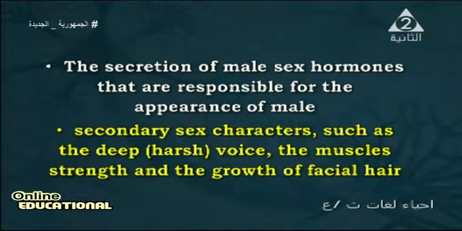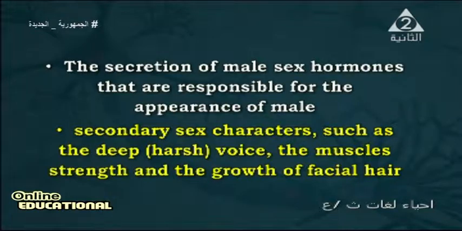If you describe the male, we can see it is formed for the production of sperm and the secretion of male sex hormones, the hormones responsible for the secondary sex characters: harshness of voice, enlargement of muscles, strength, and growth of facial hair and hair in different parts of the body. This is from the secondary sex characters.